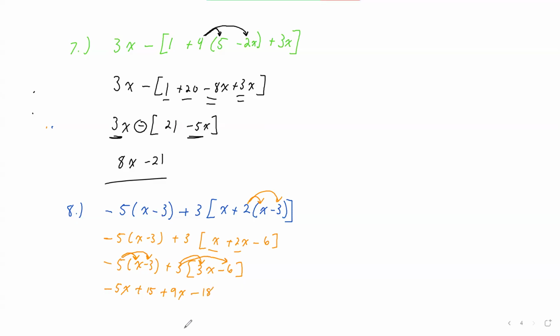Now I can combine one last time. Negative 5x plus 9x gives me 4x. And then 15 minus 18 is negative 3. All this for just a little old 4x minus 3.